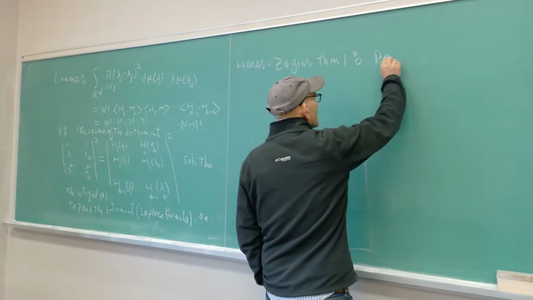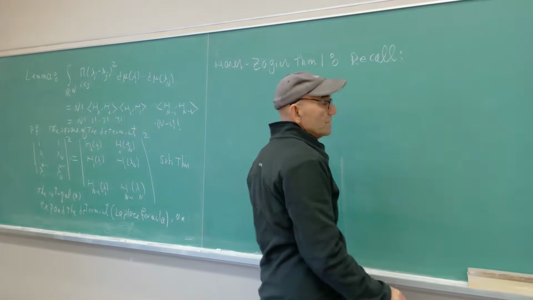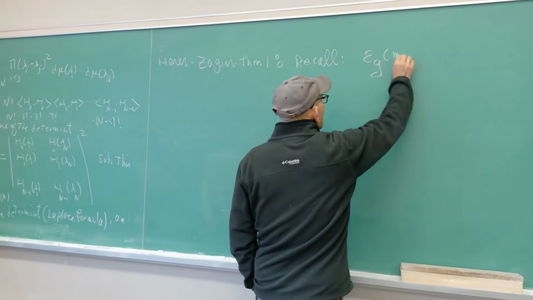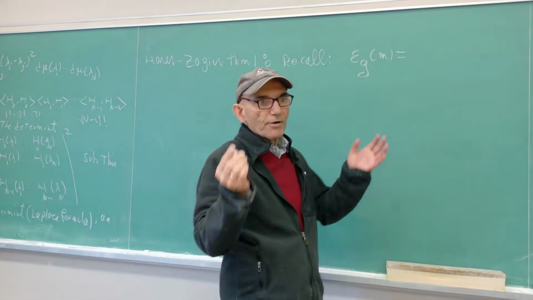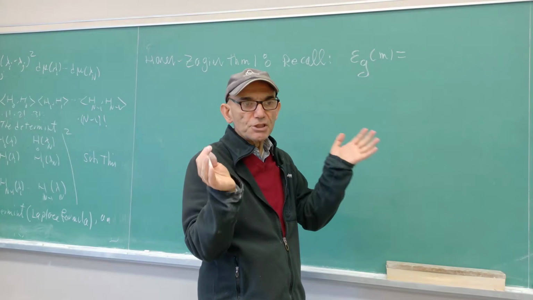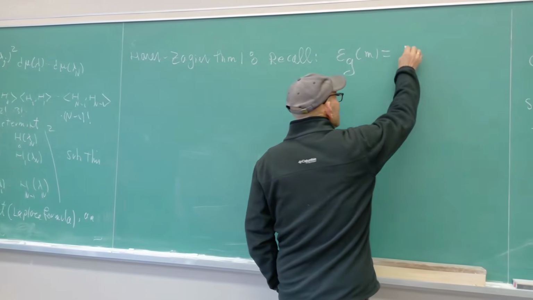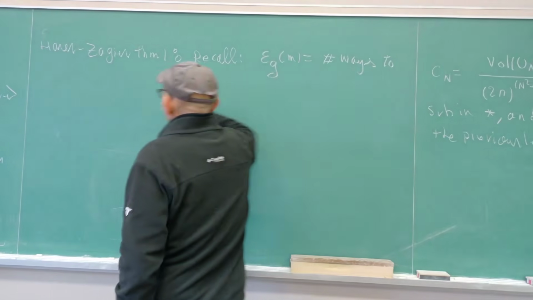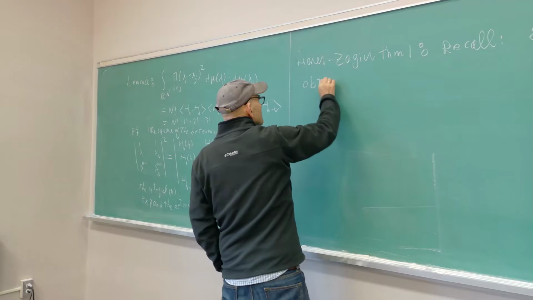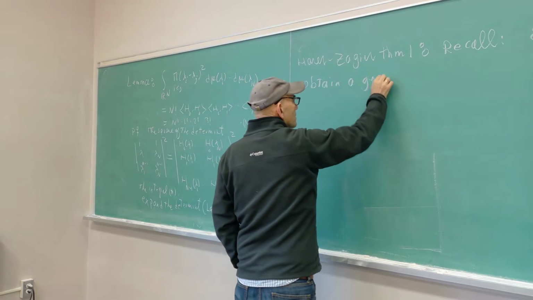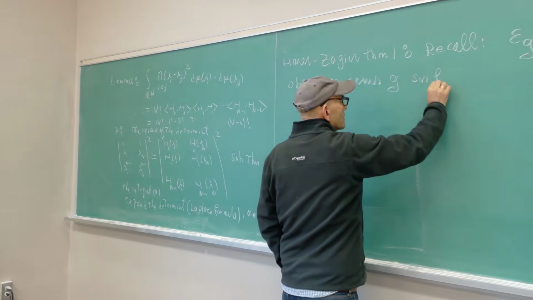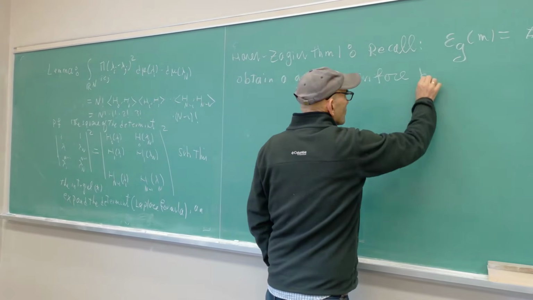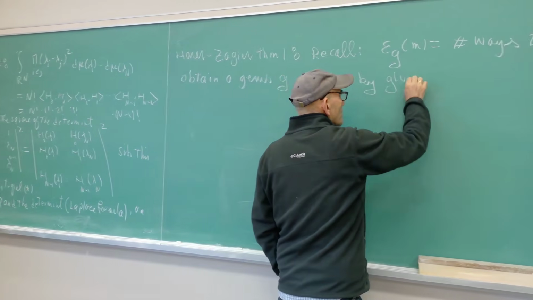Recall, we introduced some combinatorial numbers: epsilon g,n is the number of genus g surfaces, basically the number of ways to obtain a genus g surface by gluing two n-gons.